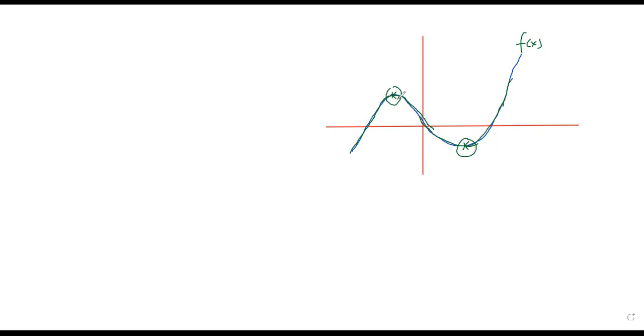Now, mathematicians have studied the turning point. If we draw a tangent at the turning points over here, they found out that this tangent is parallel to the x-axis, and the other tangent also is parallel to the x-axis.